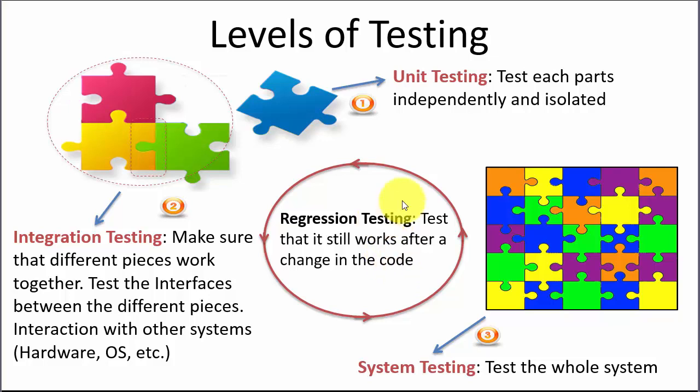That's why we use a tool like Visual Studio. In Visual Studio we typically create the unit tests, and every time we change our code we rerun the unit tests and make sure the code also works after you have made some changes inside the code.